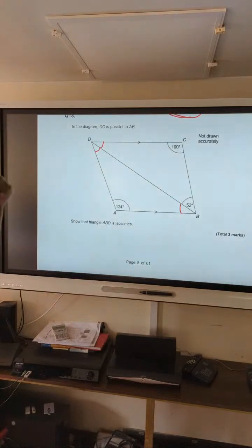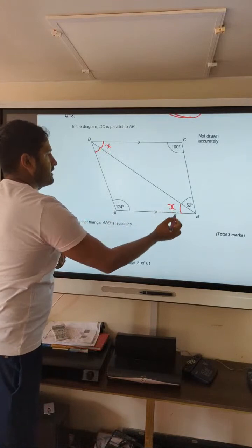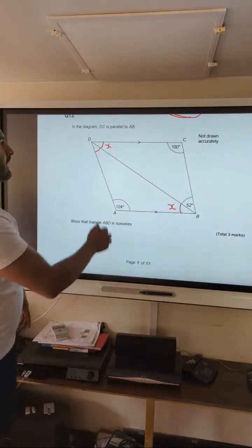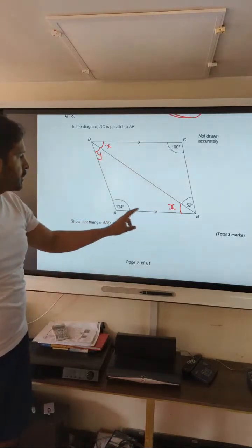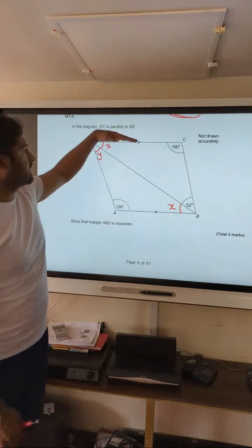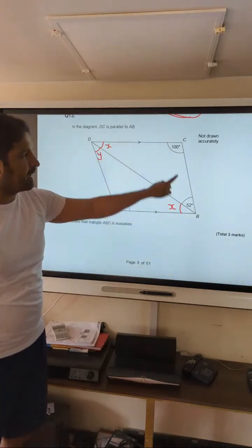But what we know is, let's say this angle here is x, that angle here is x as well, and that's the angle that we don't know. We're going to have to keep it as y. So we now know the majority of the angles in that parallelogram. Or sorry, trapezium. So if these two lines are parallel, then these angles add up to 180.